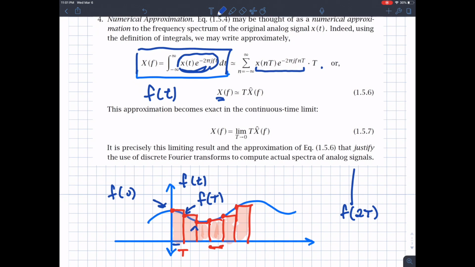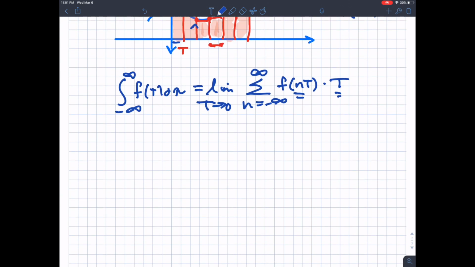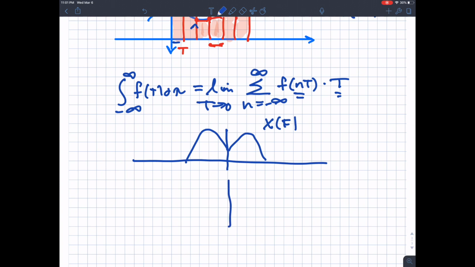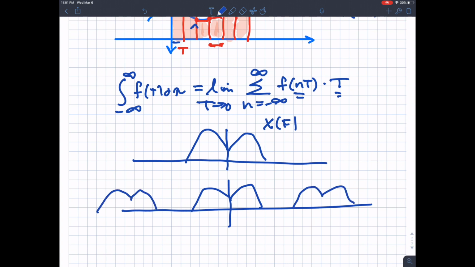Well, if you go back and look at our sample data transform, remember what we had. If you started with an X of f, then what you did was you replicated the spectrum every fs. This has the same shape as X of f, but the scale constant, if this had a height here of X0, the scale constant would be X0 over T. We'd covered that before.